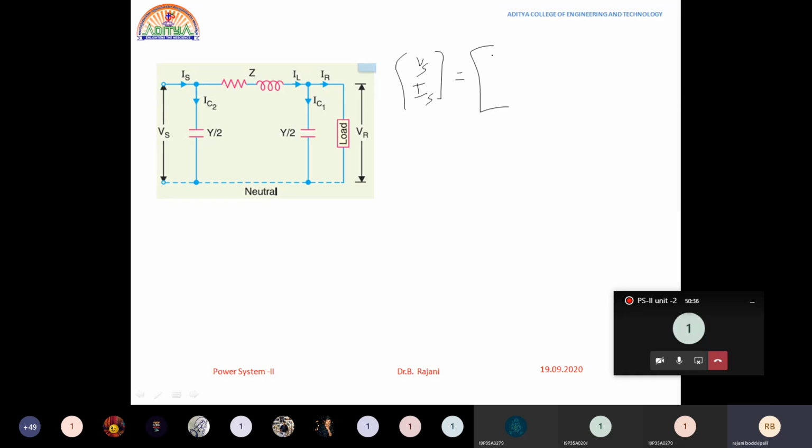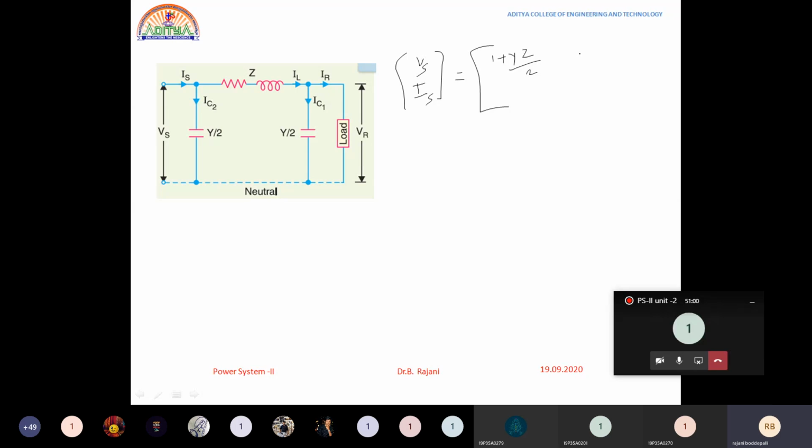A is 1 plus YZ by 2. In case of T network, you have got 1 plus YZ by 2 only in the T network also. If you have derived it in your notebook, then you can observe that.